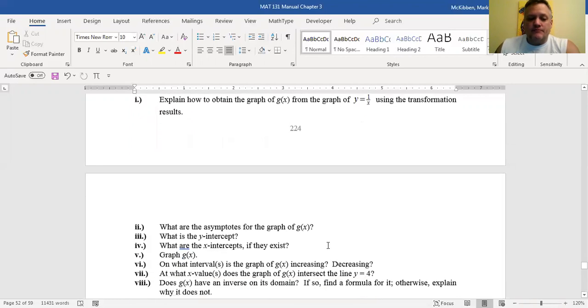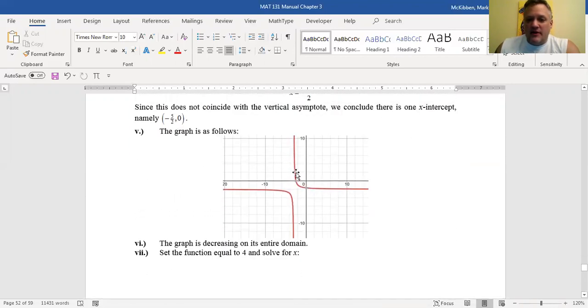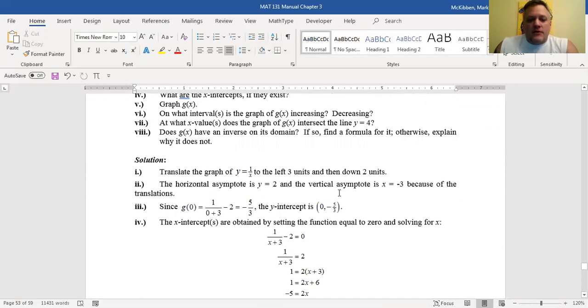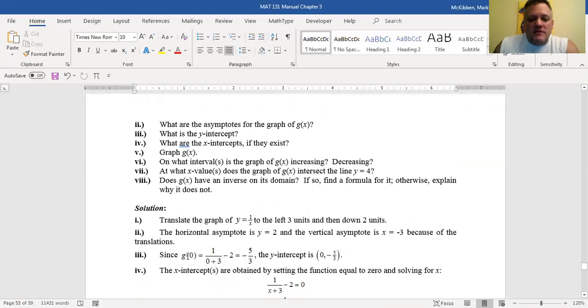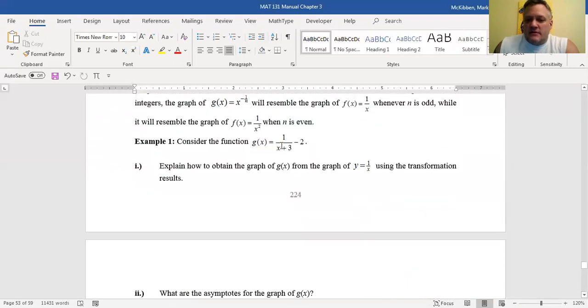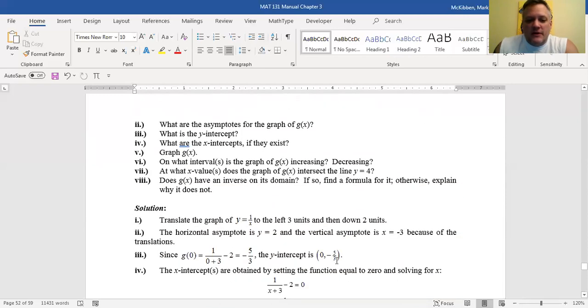All right, and so let's jump to the graph. The graph looks like this, where the asymptote is going to occur here and there. In terms of the y and x intercepts, if you plug in 0 for x, you're going to get 1/3 minus 2, which is minus 5/3.